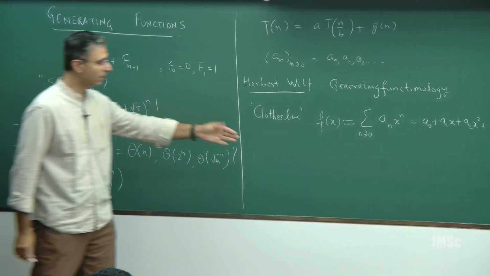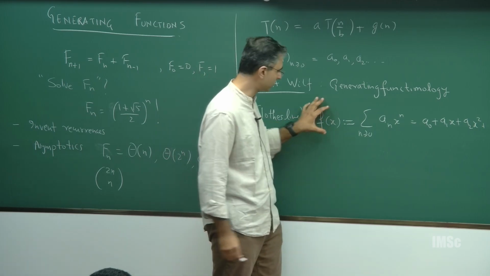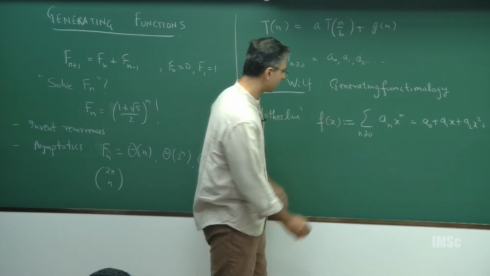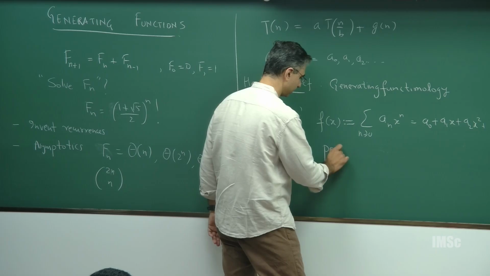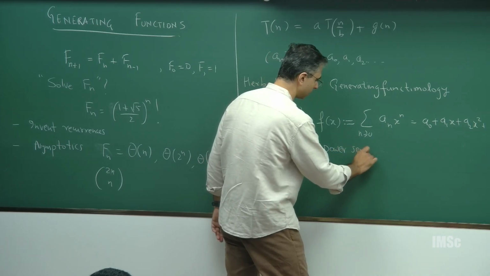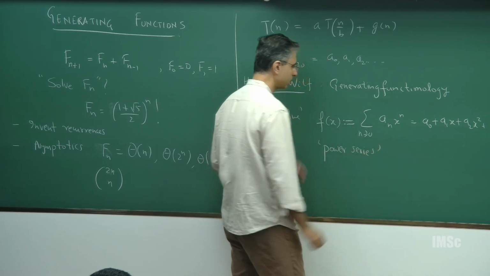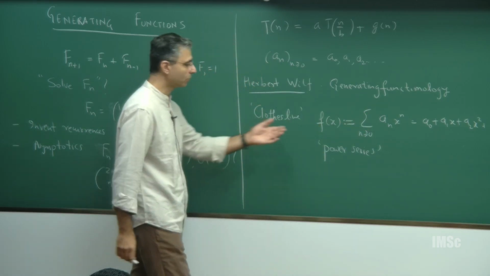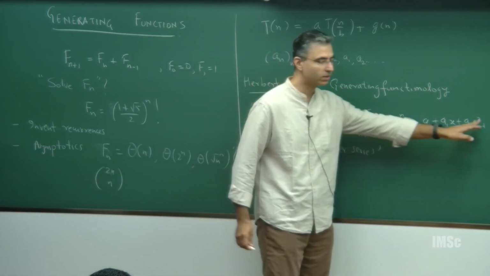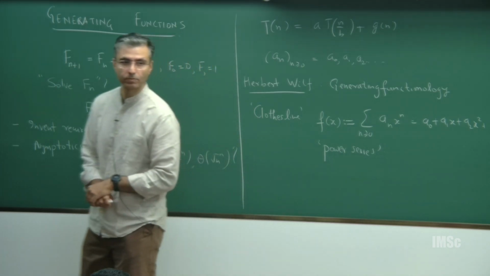Introduce a variable x and consider this sequence. You associate a function, it is called a power series. Such an expression is called a power series. So, associate a power series with your sequence.